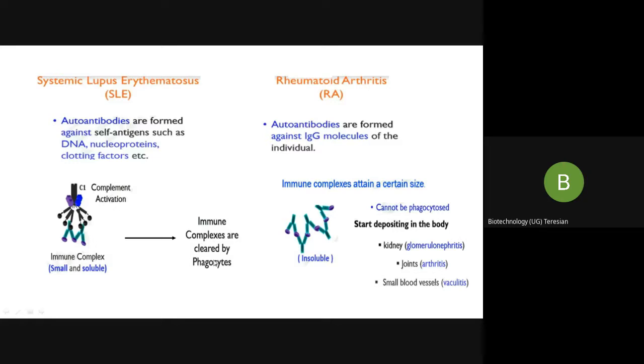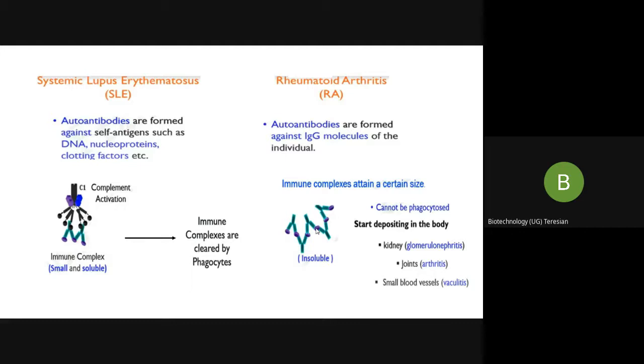But sometimes in type 3 hypersensitivity, the immune complexes attain a size wherein they become insoluble. Look at this: you have the antibodies and the antigens, which are again bound to antigens. They are insoluble and have attained a larger size, which makes them inefficient to be cleared by phagocytosis.